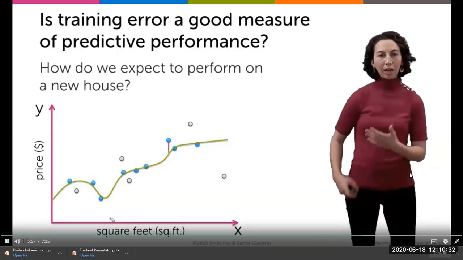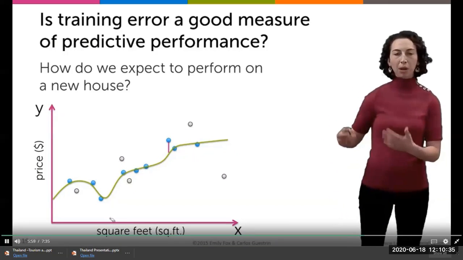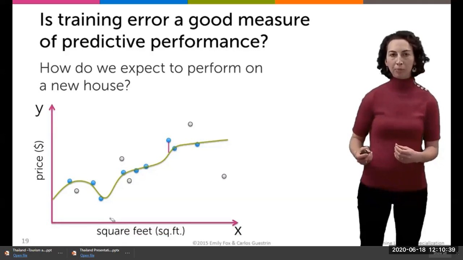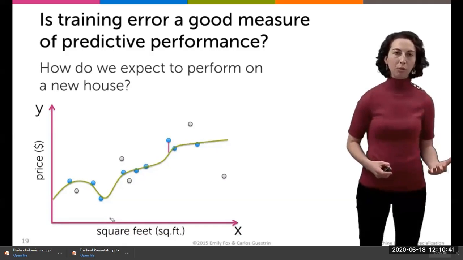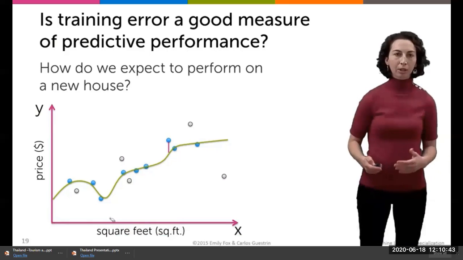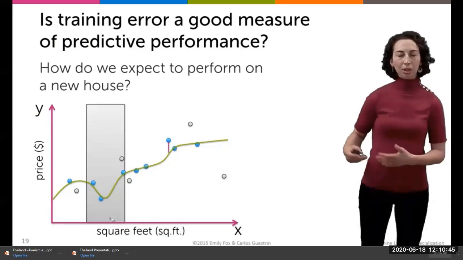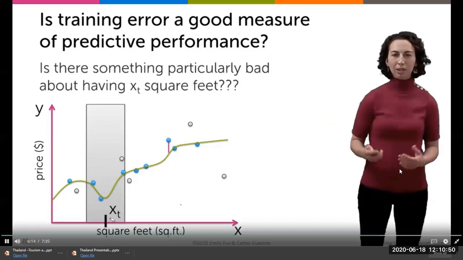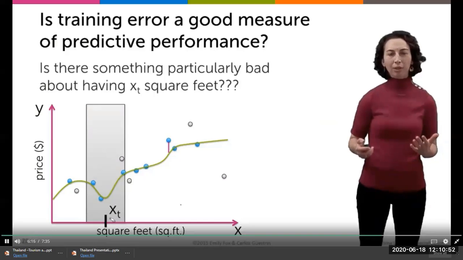Here is one of our high complexity, high order polynomial models that had very low training error. So it really fit those training data points well. But how is it going to perform on some new house? In particular, maybe we're looking at a house in this gray region, with this range of square feet.